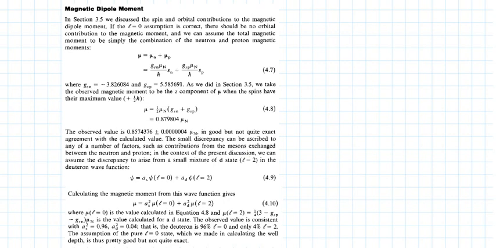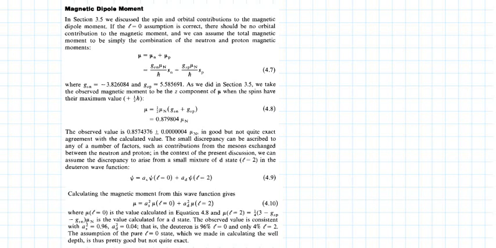The best fit to the observed value comes when you calculate the magnetic moment as coming from both the L equal to 0 state and the L equal to 2 state.